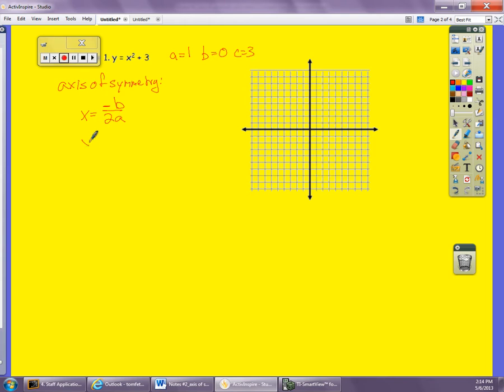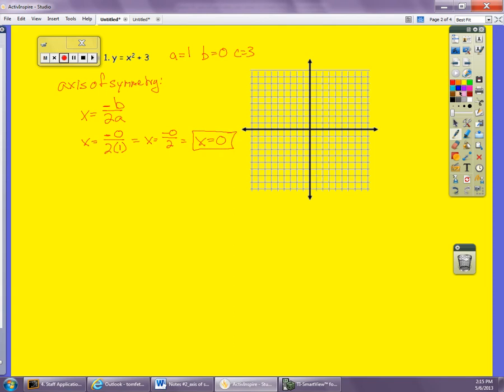We get x equals negative 0 divided by 2 times 1, which gives us x equals negative 0 over 2. And negative 0 divided by 2, which is 0 divided by 2, is 0. So x equals 0. Now we know the x value, we know the axis of symmetry. So the axis of symmetry is 0.